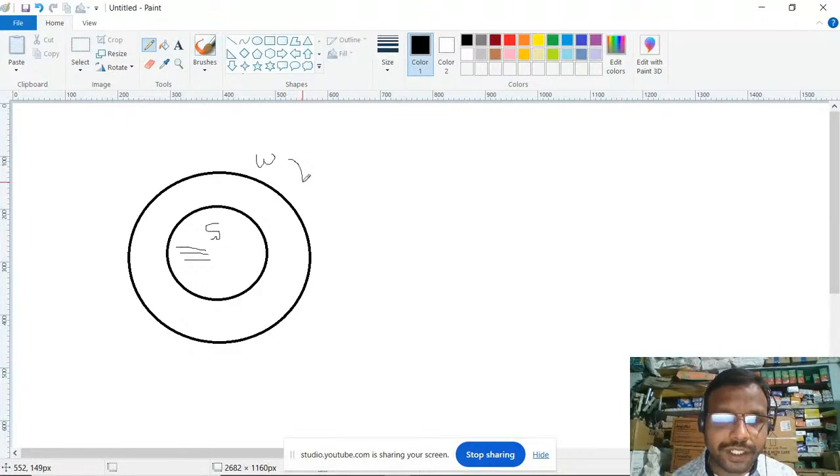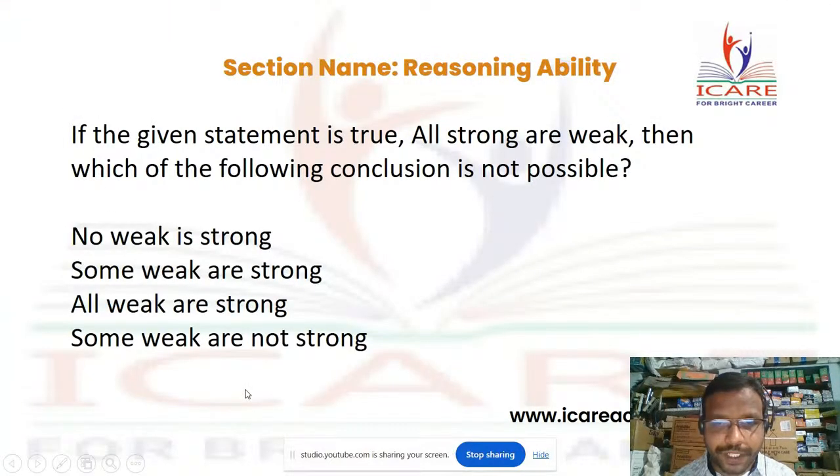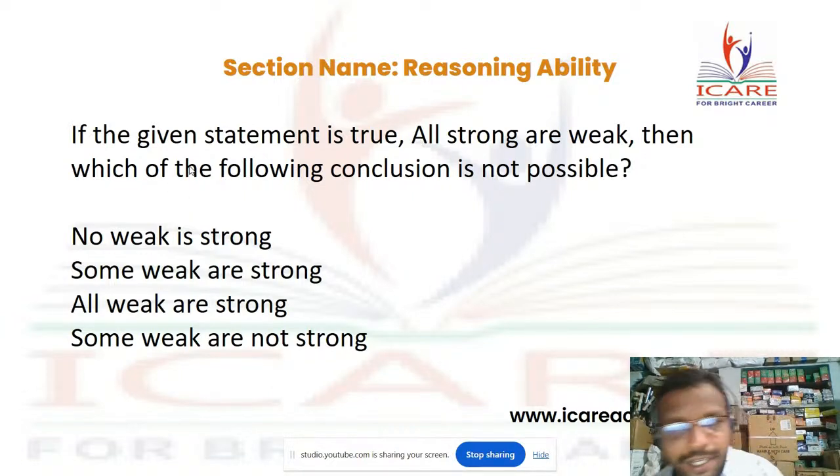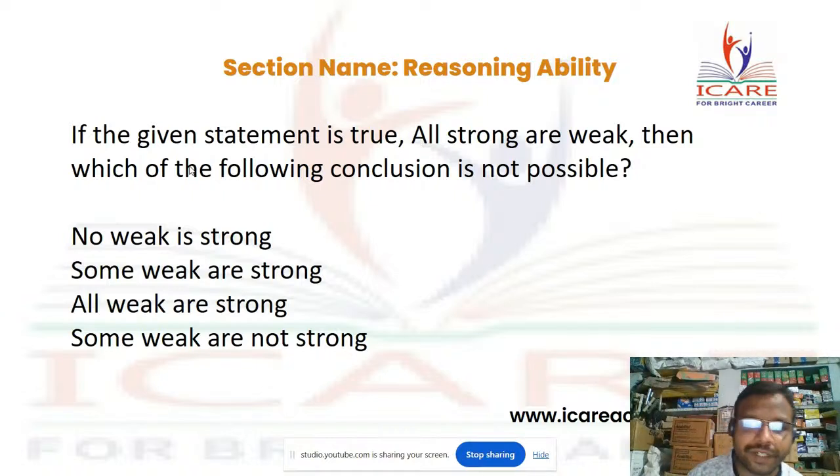Among these options, the second one, some weak are strong, is true. All weak are strong, possible? Yes. Some weak are not strong. Yes. If some weak are strong, the remaining weak are not strong. So which one is not possible exactly? No weak is a strong. That is the answer option for the given question.